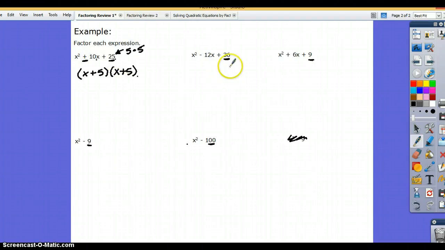Alright, so let's try the next one. 36, the square root of 36 is 6, so that means it's 6 times 6. Well, 6 plus 6 is 12, that's minus, so it's going to be x minus 6, x minus 6. Okay, so 9, the square root of 9 is 3, so 3 times 3 is 9, 3 plus 3 is 6.